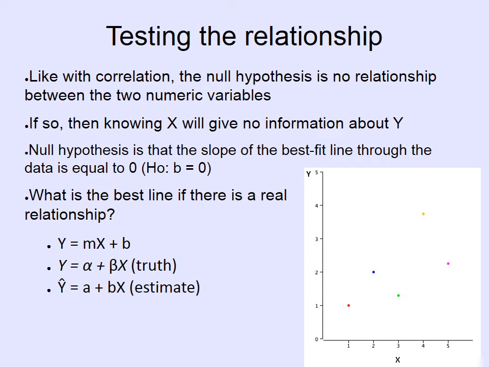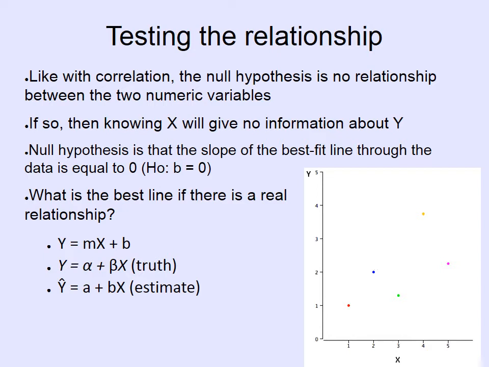With two variables, X and Y, we're trying to see if there's a relationship between them in regression. If there is none, knowing anything about X will give no information about Y. We're going to look specifically at a null hypothesis that the slope of the best fit line is equal to 0.